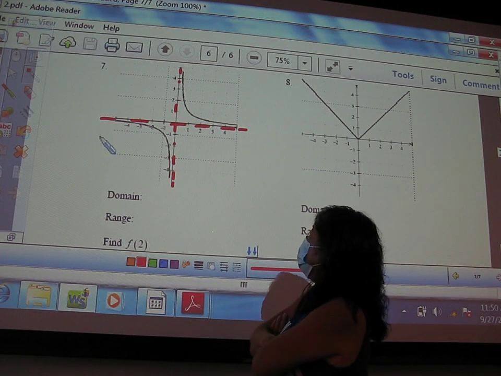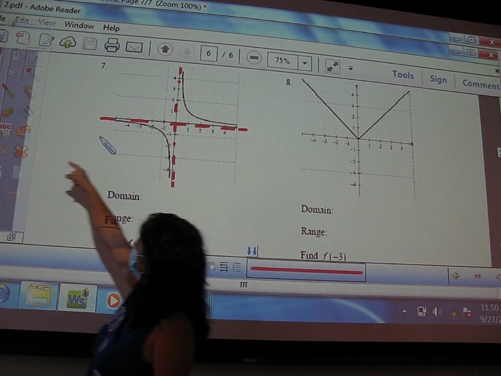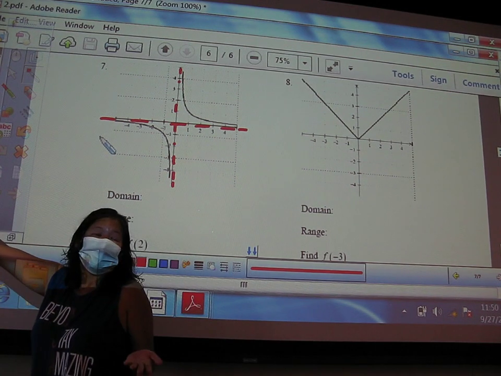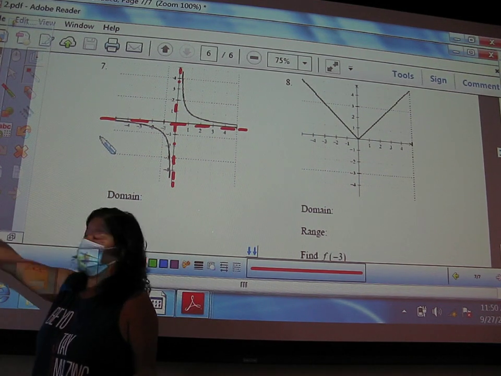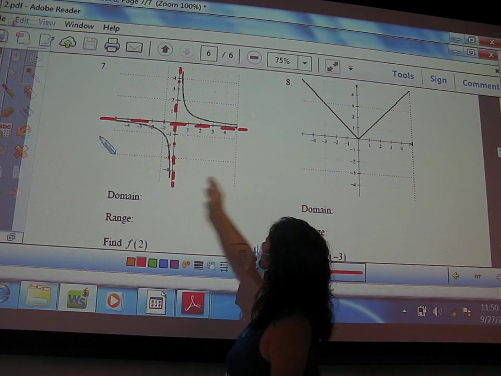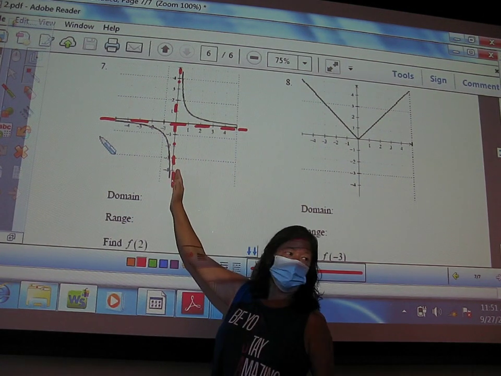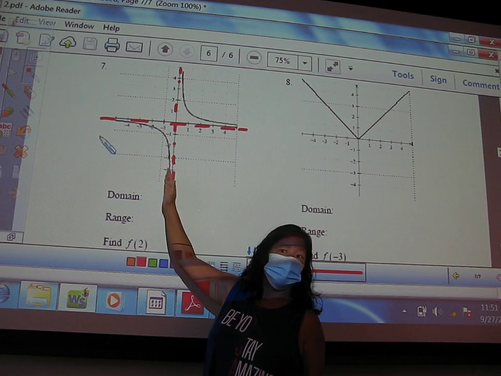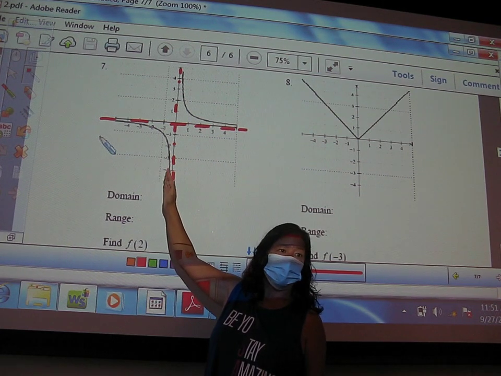So here, what's the furthest left it goes? Forever, right? It goes forever to the left. It goes forever to the right. But it can never be 0. Is everyone with me?